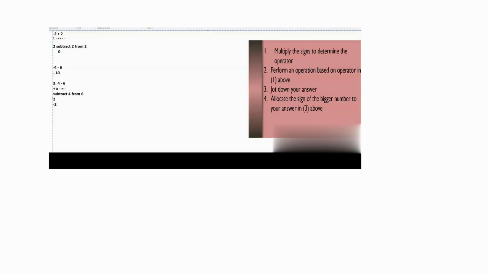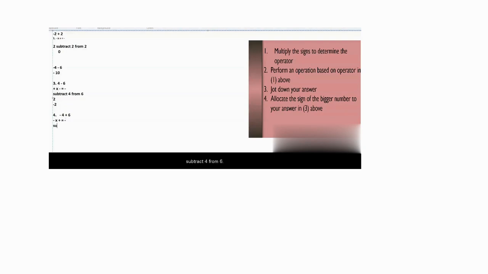Number 4. Minus 4 plus 6. Multiply the signs to determine the operator, negative and positive. Minus times plus gives us minus. So it's a subtraction operation.